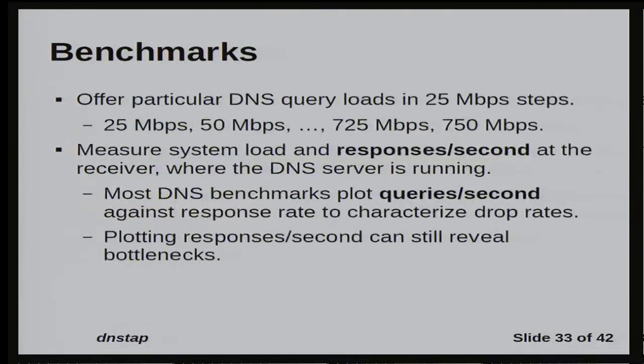And basically, we just ran 30 or so data points, incrementing a particular DNS query load in 25 megabit steps, all the way from 25 megabits up to 3/4 of a gig. And basically, all we do is measure the total system load and the number of responses per second that the dnstap-enabled server is generating.